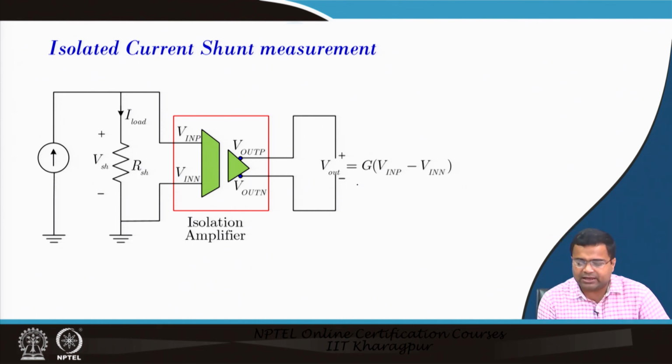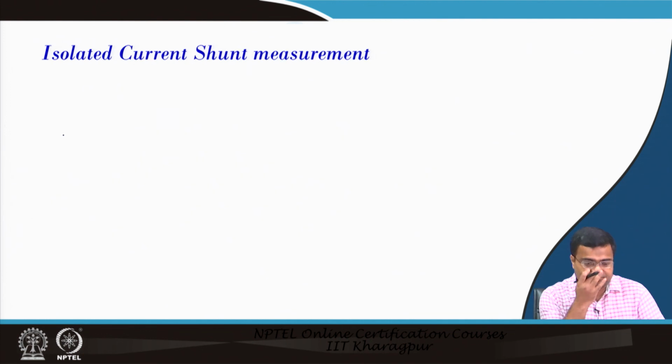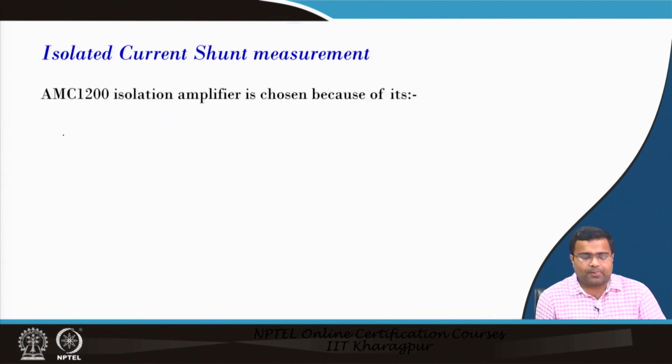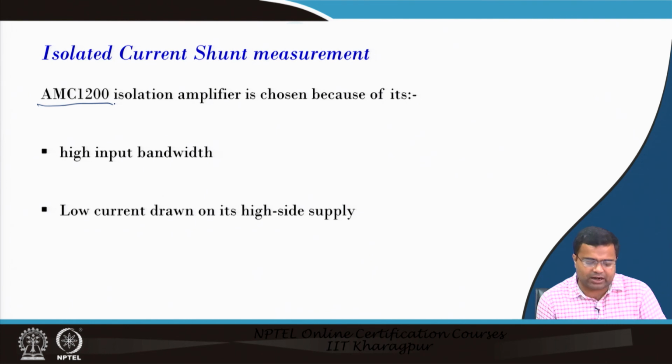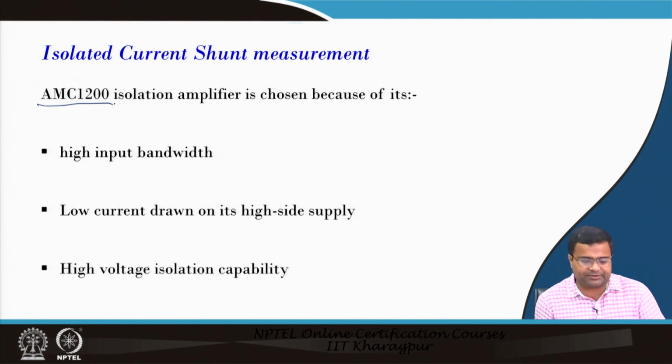In this way you get the voltage corresponding to the current flowing through the high current path. Typically, the AMC1200 is one example of an isolation amplifier. It has high input impedance, low current drawn, and high voltage isolation capability.